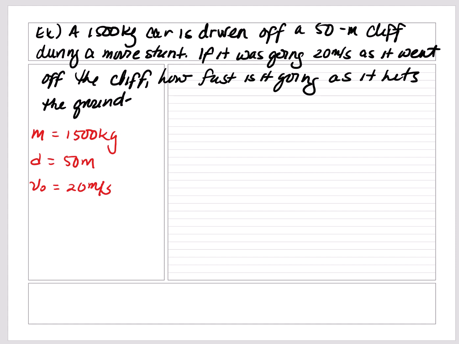So we are looking for our v final. So if I draw my picture, this is what my picture looks like. My height or my distance is 50 meters. The car goes horizontally at 20 meters per second. And I am finding its final velocity at the bottom.